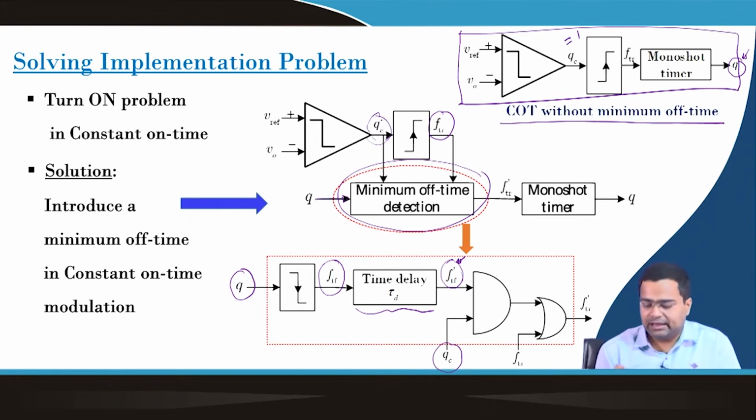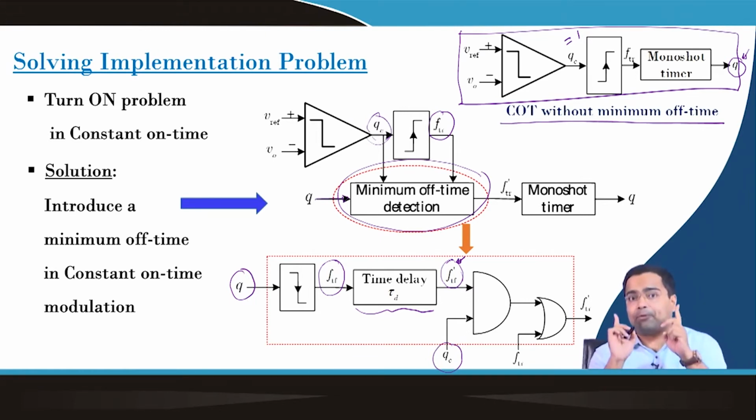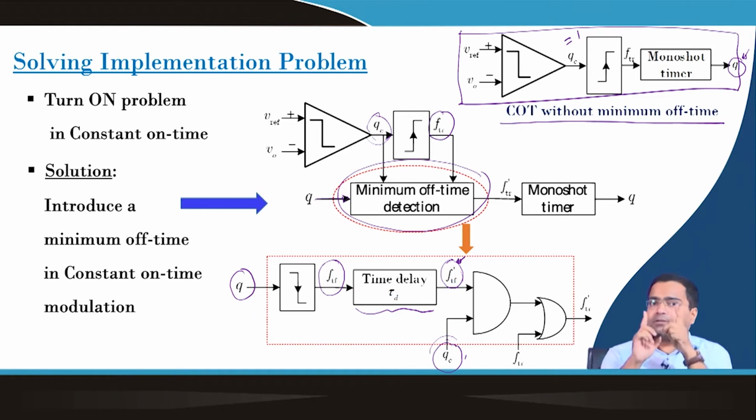That means if we find the comparator output still remains high, then we have a problem. What was the problem? Even after turning off the switch, if we find the comparator output remains high and no edge is detected, then the main switch was off. So, first we check whether the comparator output still remains high after the delayed trigger pulse.